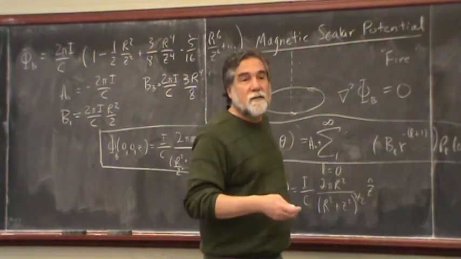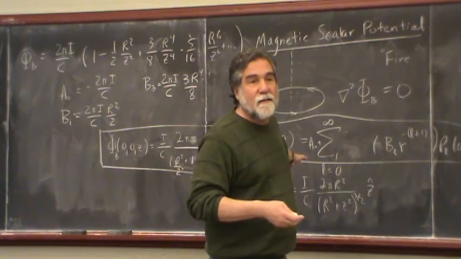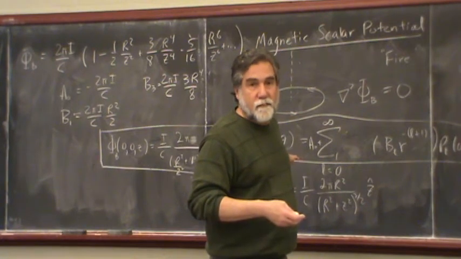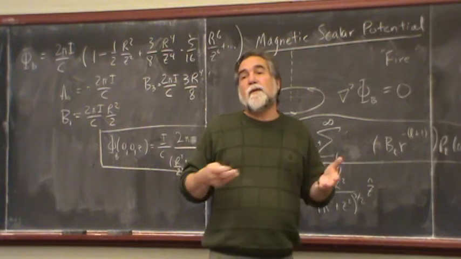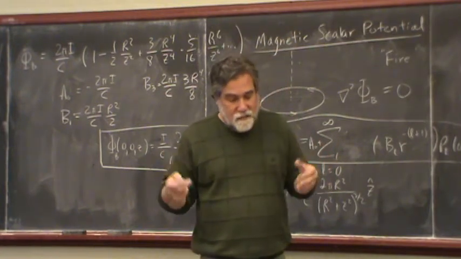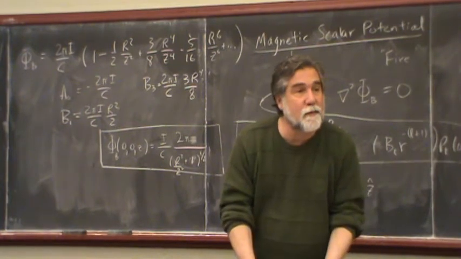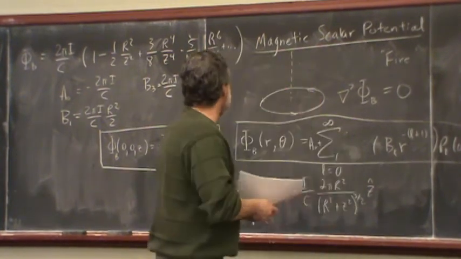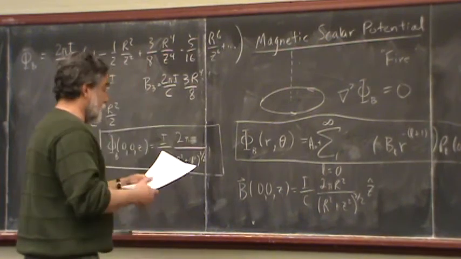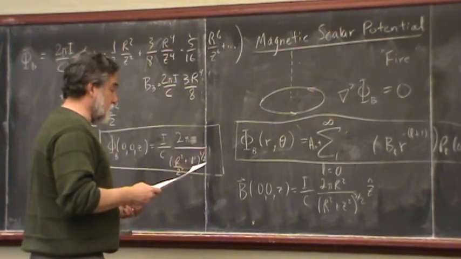We seek the potential in order to take its gradient and find the magnetic field, right? And therefore we don't actually solve potential problems in magnetics as frequently as we would in electric fields.